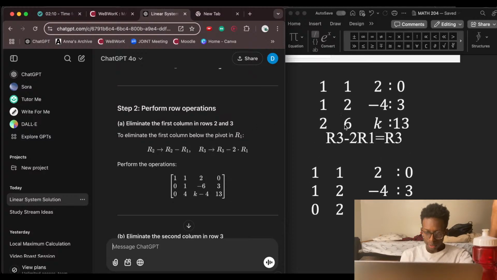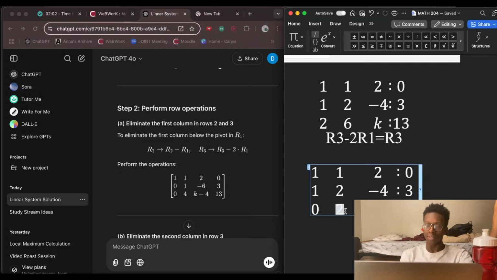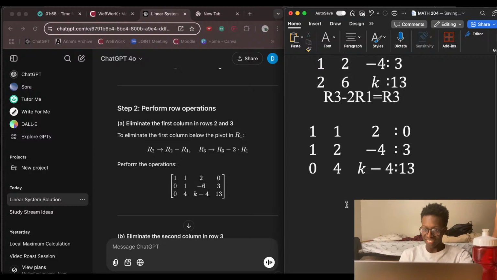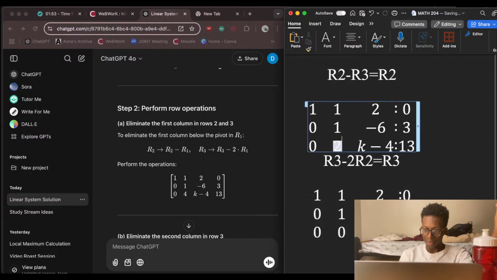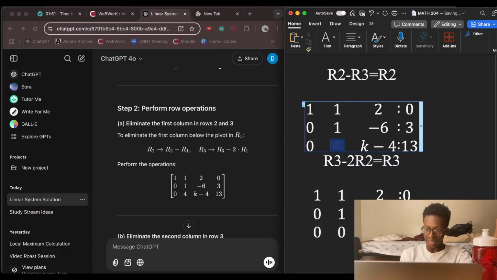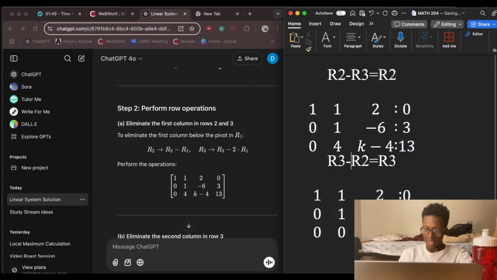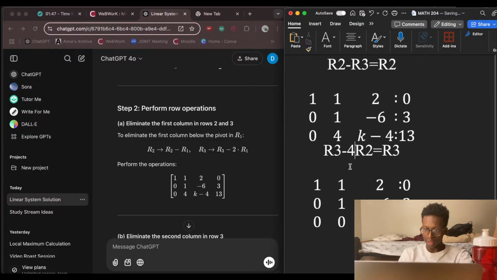Row 3 minus this, so then you have 2, 6 minus 2 is 4, bro. You're multiplying the wrong one. So then 6 minus 2 is 4. Then this one will be 4. So then this will now be 4 here.